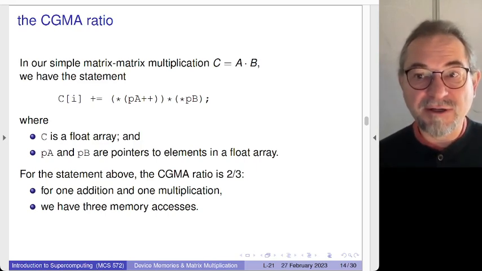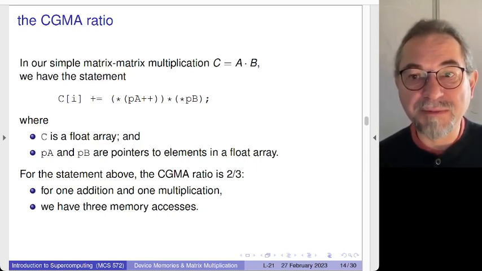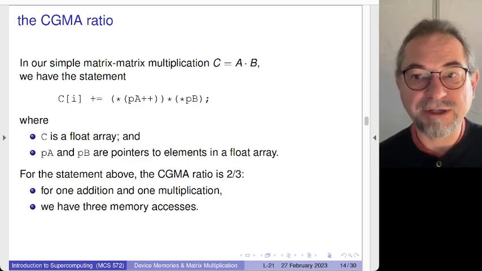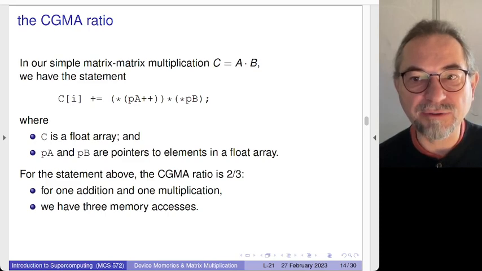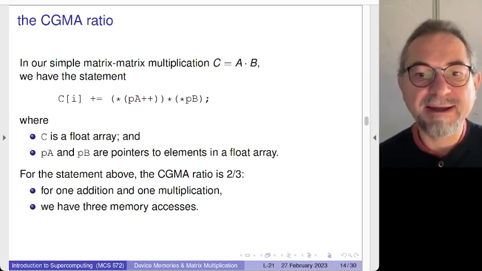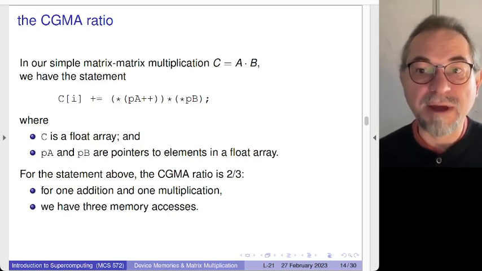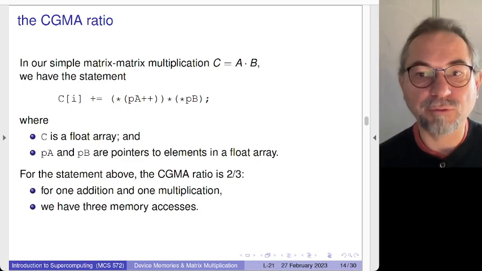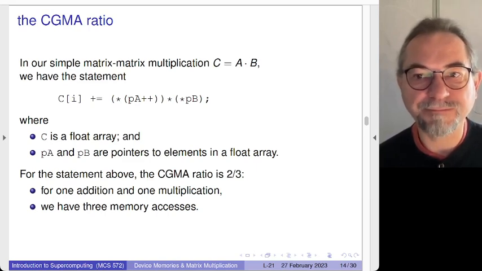The compute to global memory access ratio of 1 was already pretty bad, but here we actually have less than 1, because we do 3 memory accesses. We read an element from the matrix A, read an element from the matrix B, and then write into C. So we do 3 global memory accesses for 2 floating point operations.